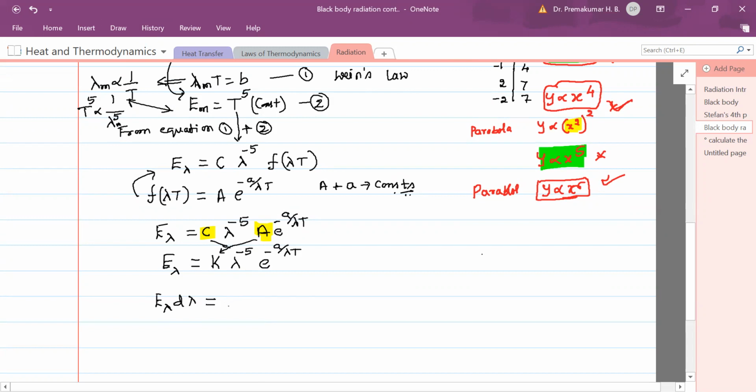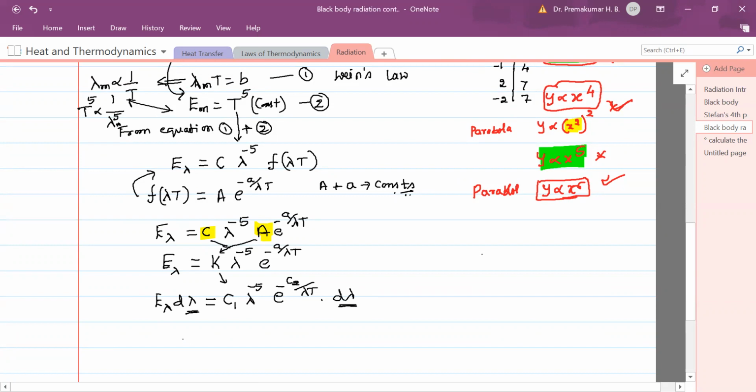Then this side also I have to multiply by d lambda. Now I will alter it: in place of this k, I will write constant C1 lambda to the power of minus 5, and e to the power of minus, in place of a, constant C2 over lambda t, into d lambda. See, d lambda, both sides we multiplied.